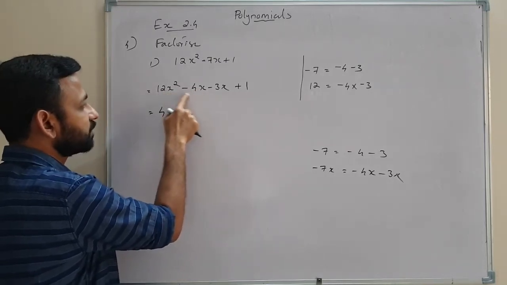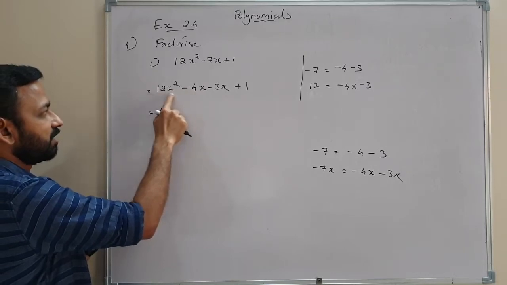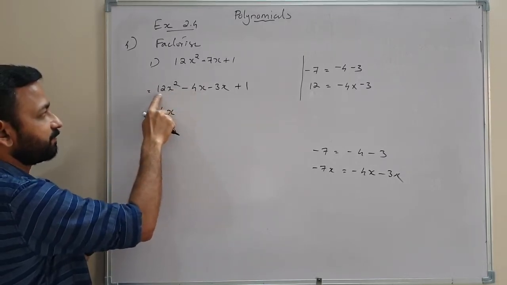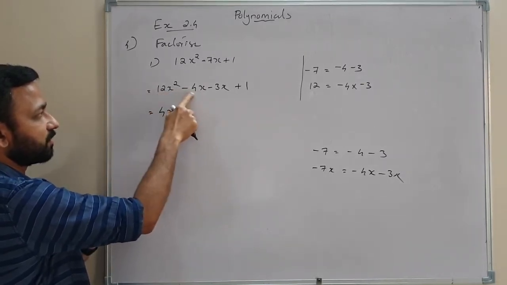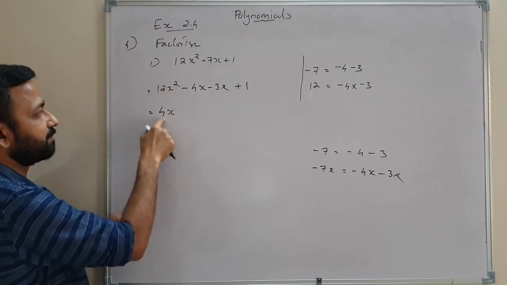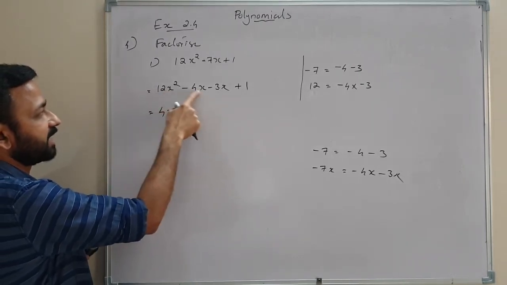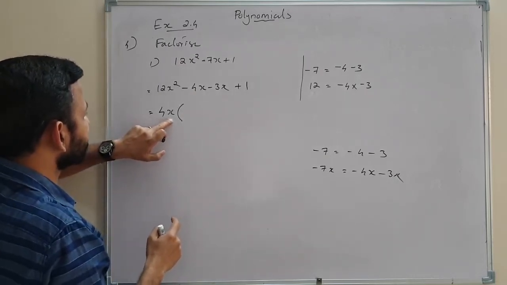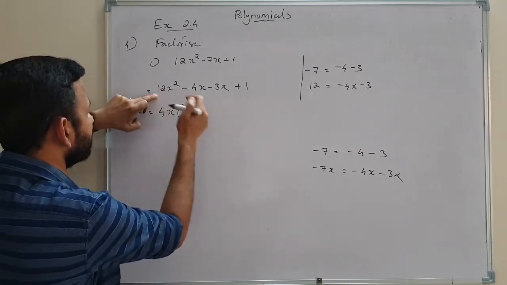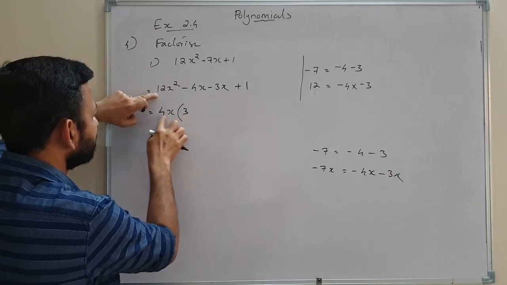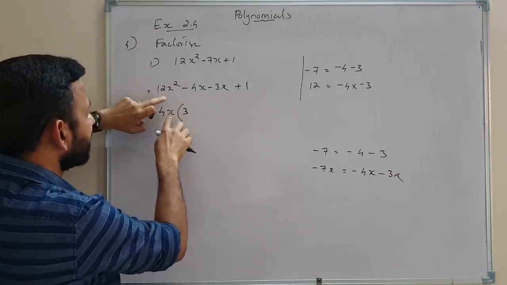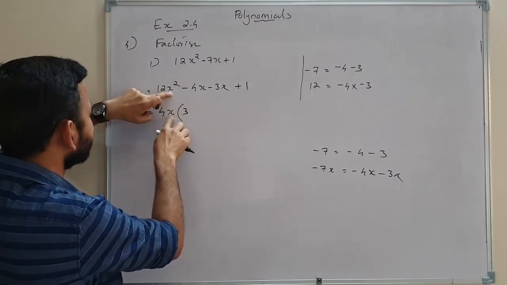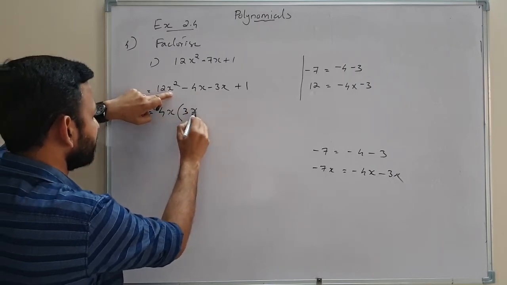When we take the first two terms, 12x square minus 4x, we can take 4x outside. 12 and 4, we can take 4 outside, that is common. And x square and x, we can take x outside. Then inside the bracket, when we take 4x outside, from 12 we take 4, then 3. 3 into 4, 12. And from x square, we have taken x outside, so x remains.